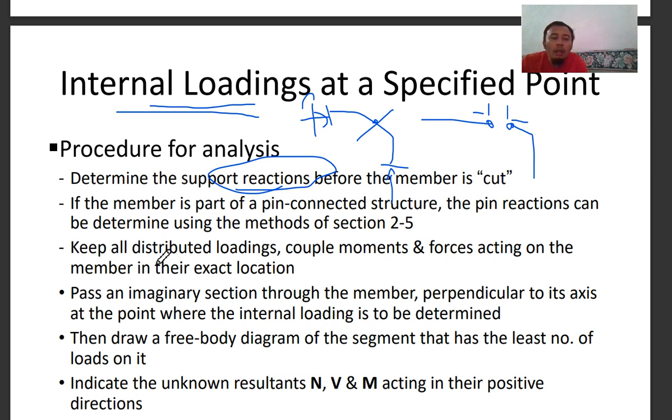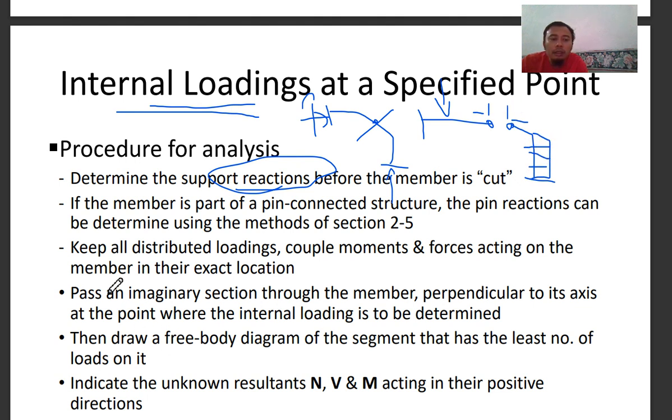Keep all distributed loadings, couple moments, and forces acting on the member in their exact location. So when you are dismantling the frame into each member, make sure that the forces are there based on the actual location, because it affects your reactions.